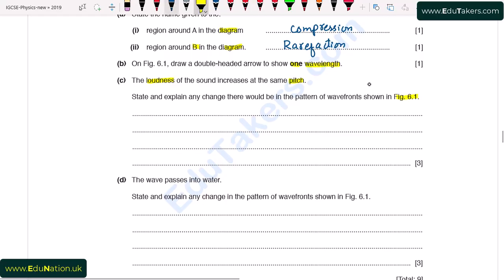So first of all, pitch is related with frequency. As given in the question that pitch is same, it means that the frequency remains same, it does not change. And second thing is loudness. Loudness increases. I write here loudness.